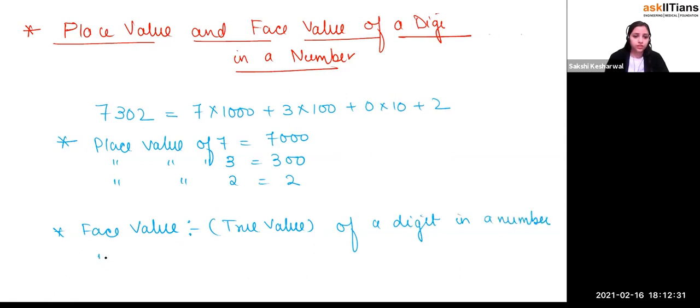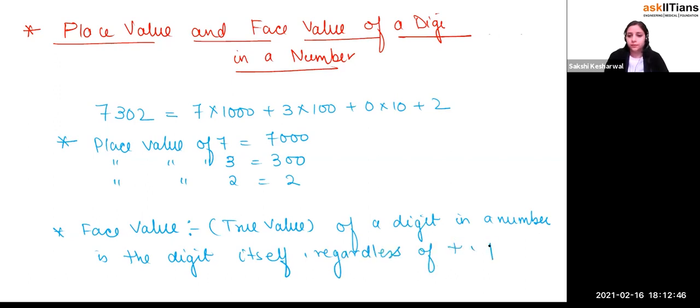It is the digit itself, regardless of the place it occupies.